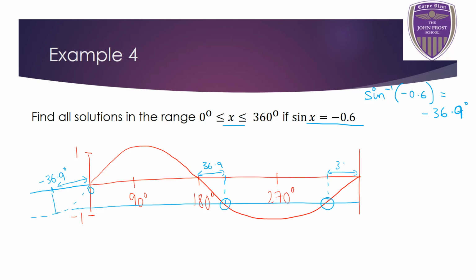This gap is 36.9. So for this solution, 180 plus 36.9, which is 216.9. And then this one is 360 take away 36.9, which is 323.1.